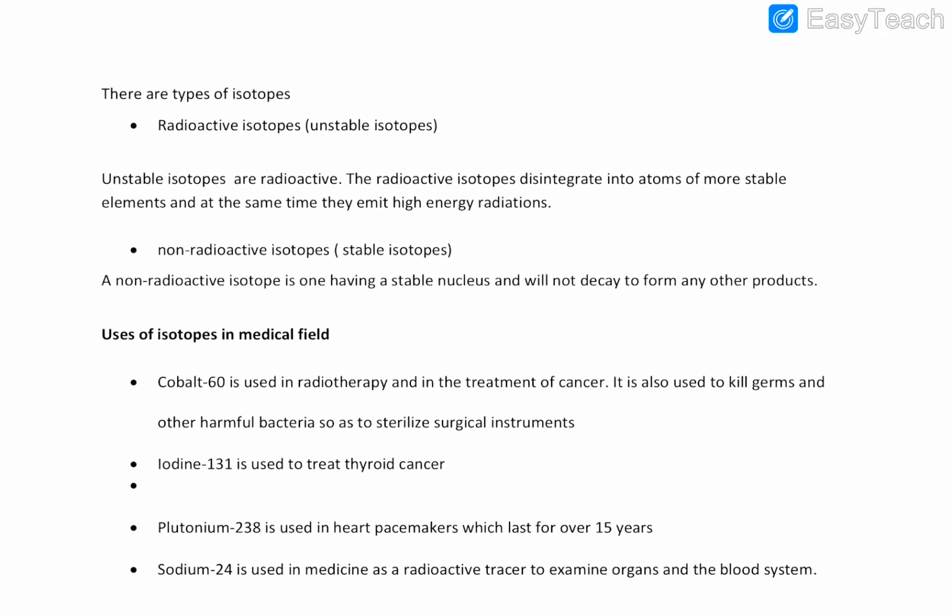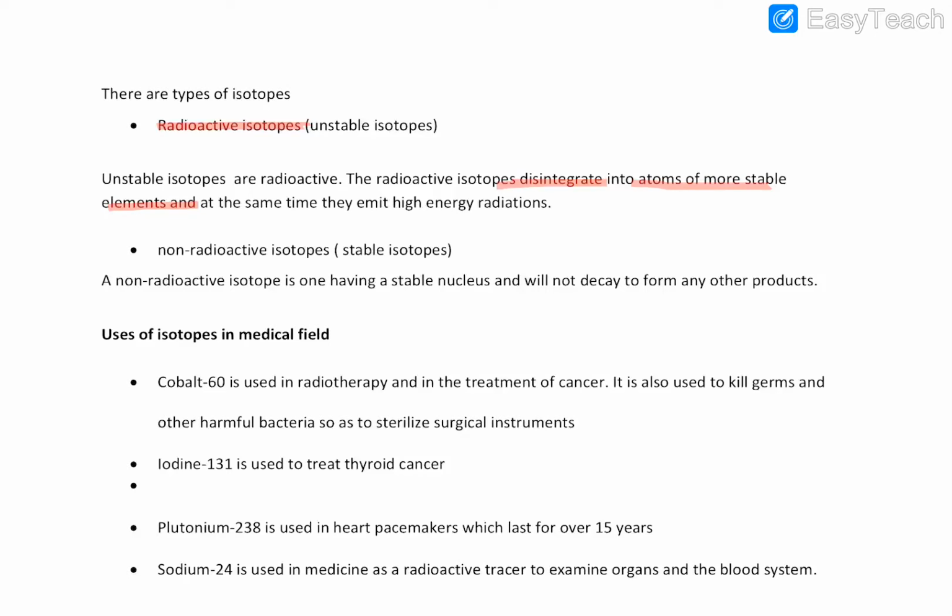There are two types of isotopes. There are radioactive isotopes. These are unstable isotopes, which means that their nucleus is unstable because usually a very high number of neutrons makes the nucleus unstable. So the nucleus will disintegrate into atoms of more stable elements.